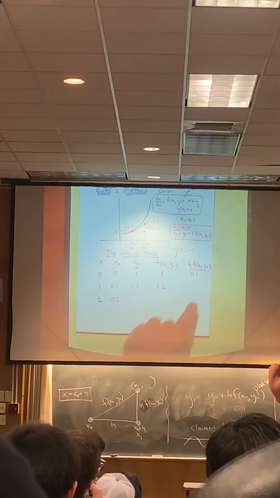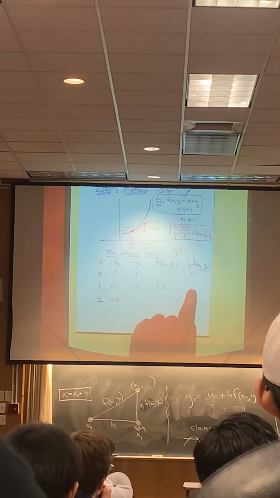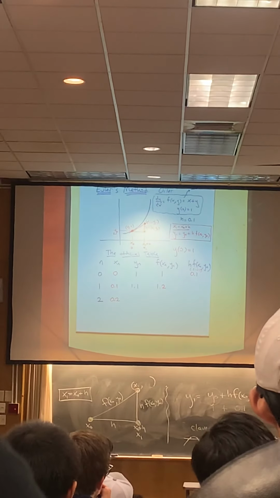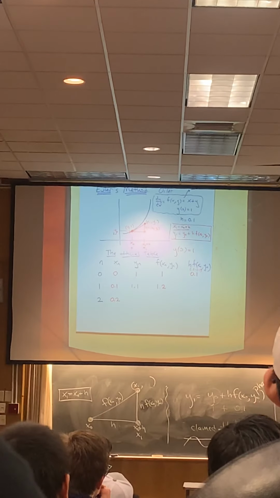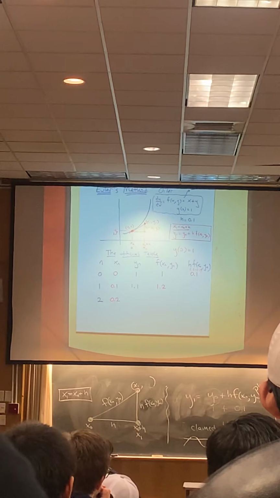And then I'm going to get myself the h times 1.2. h times 1.2 is 0.1 times 1.2, which is 0.12. Thank you.